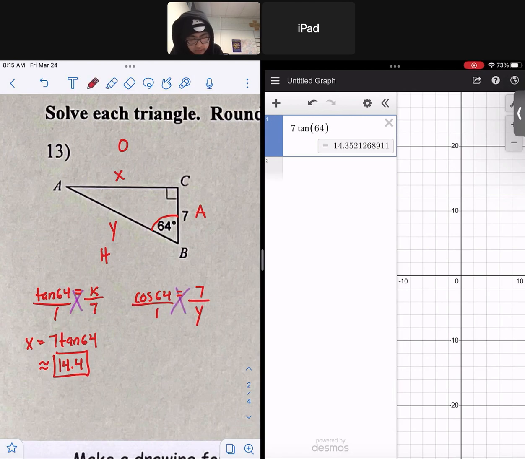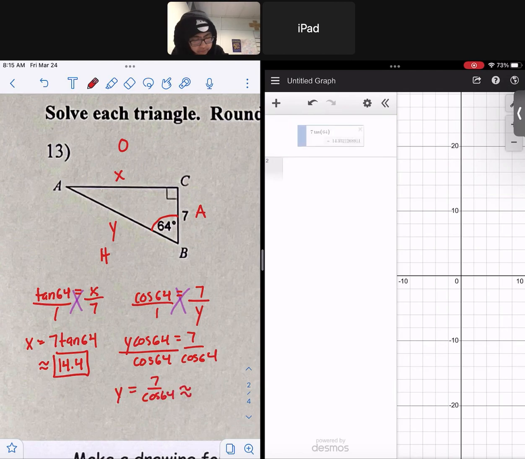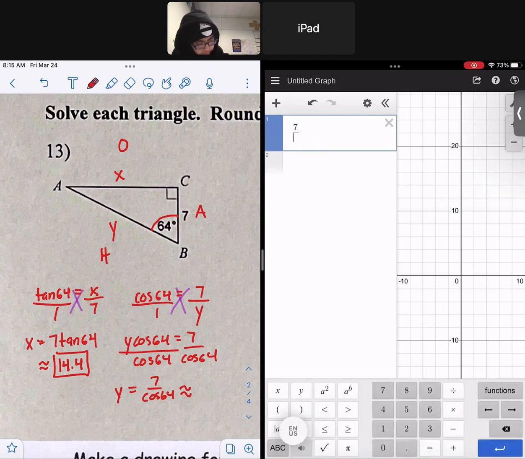Cross multiply, so we get y cosine 64 equals 7. Isolate the y, so we're going to divide both sides by cosine 64. So y is going to be 7 over cosine 64, and this is roughly going to be 7 divided by cosine 64.